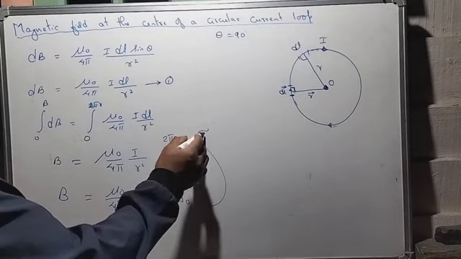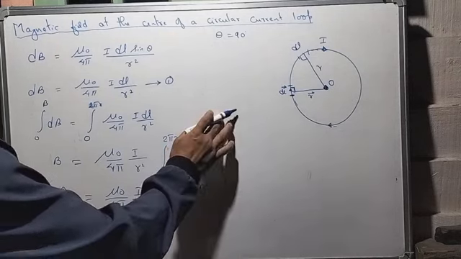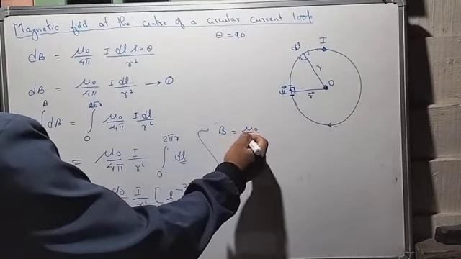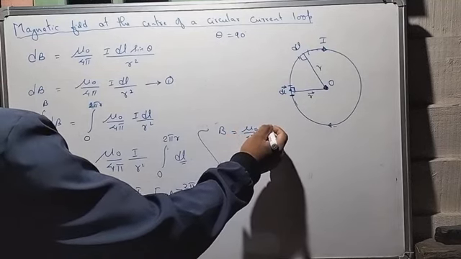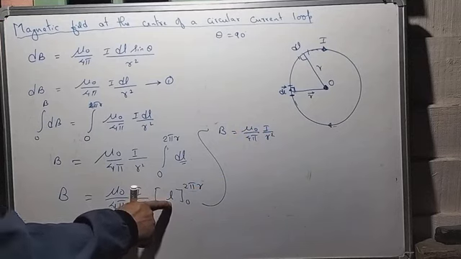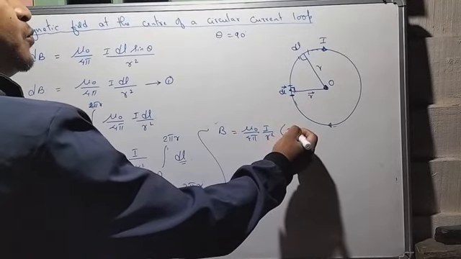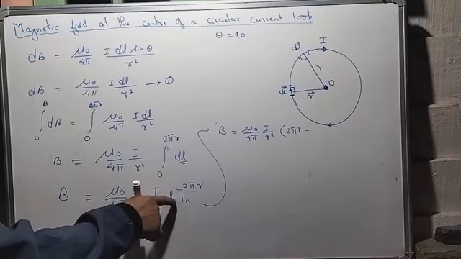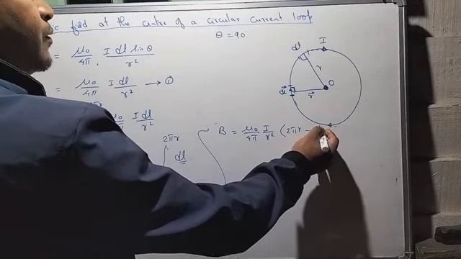Again, the magnetic field at the center of the loop can be further written as mu naught upon 4 pi, I upon r square. If you substitute the upper limit for l, it is 2 pi r, and then you subtract by substituting the lower limit of l, which is 0.